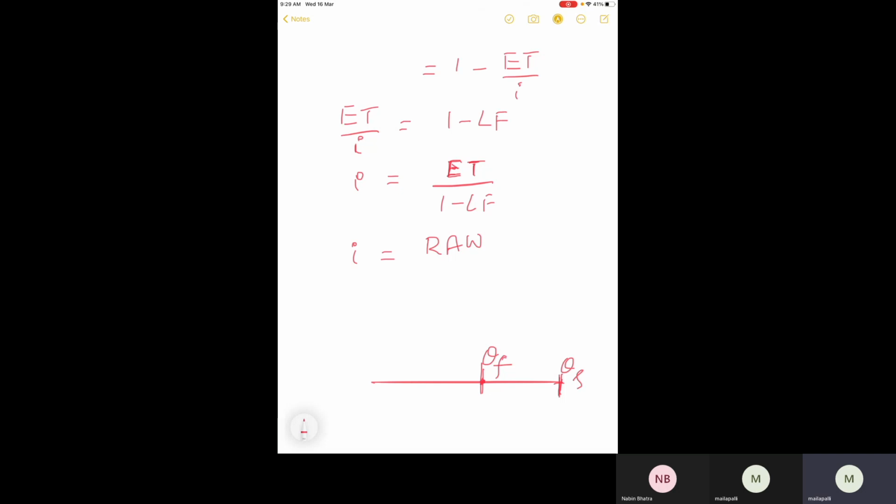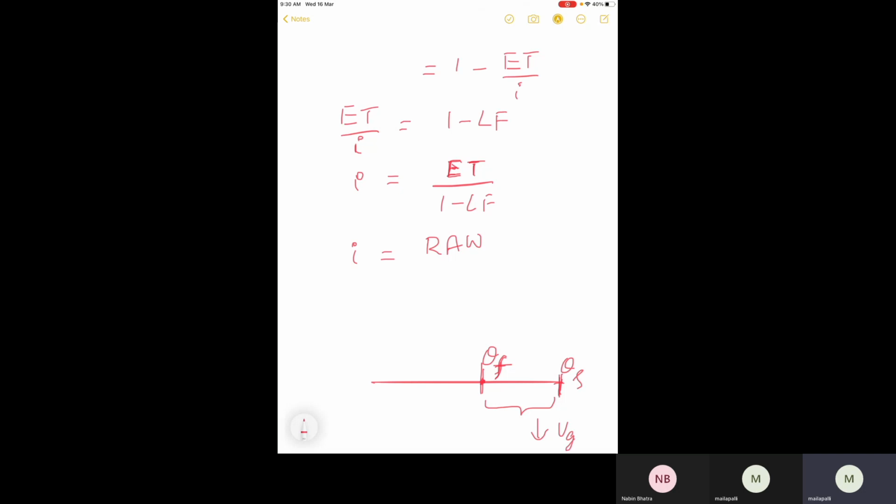So that's the field capacity. That means soil can hold this water, right? Because this is not influenced by the gravity. Gravity water is already gone, right? So whatever water which is here, this is already gone, and we call this gravity water.